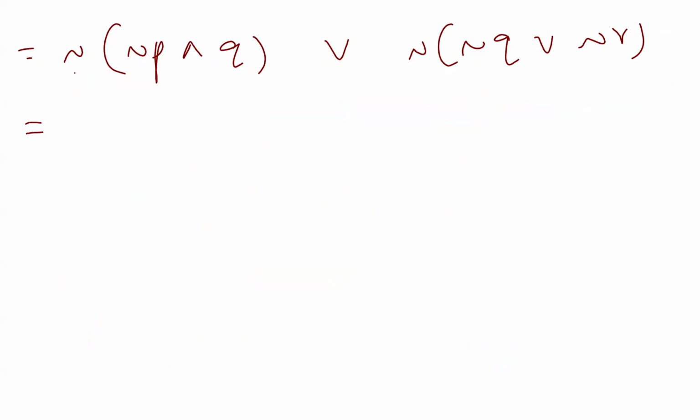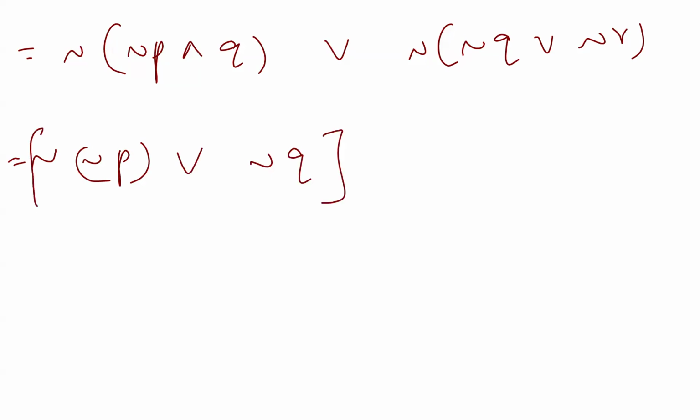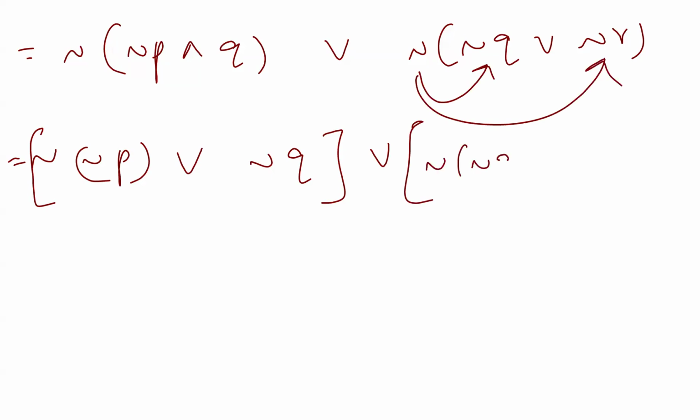And negation of negation P. Negation दोनों को जाएगा. I'll write that extra step if you want. Negation दोनों को जाएगा. And का बनेगा और. और का बनेगा and.